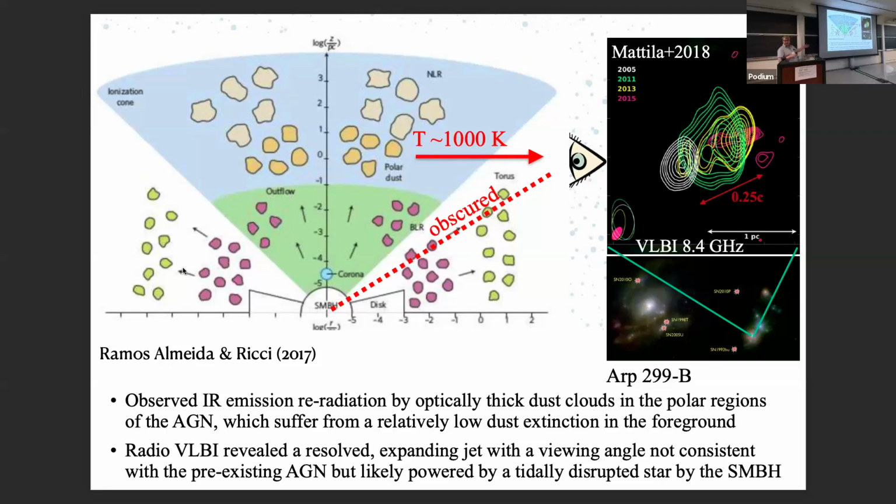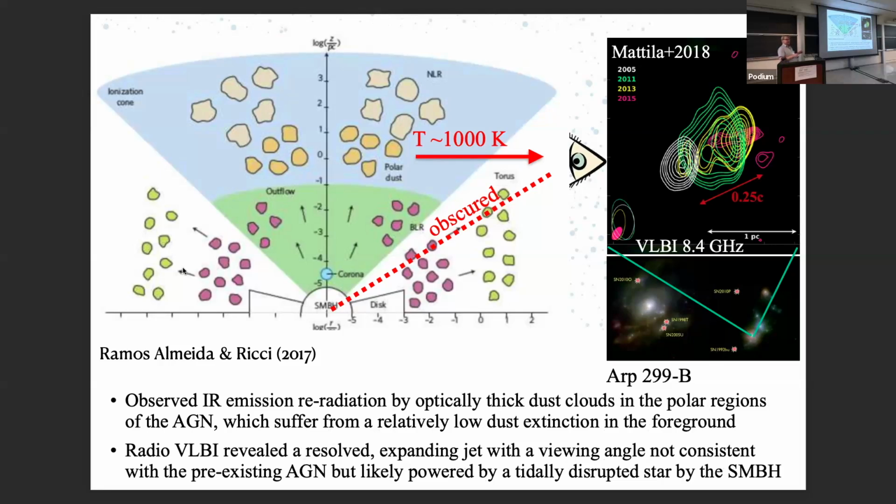So what do we think this transient is? Well, we were lucky enough to get high-resolution radio VLBI observations where we actually see a strong radio jet, which we were also able to resolve, and we see the actual expansion of the radio jet here.